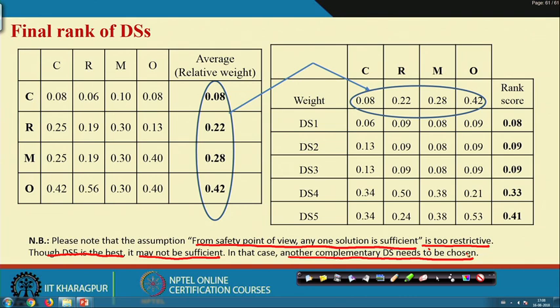So, if you find that DS5 alone is not sufficient, then you may choose DS4 also, or if it is cost-wise not permissible, then maybe DS1, if you think so. That is what I mean to say. This gives you the idea of which one is the best, which one is the next best, like this. Again, AHP is only as good as the data provided by the experts.